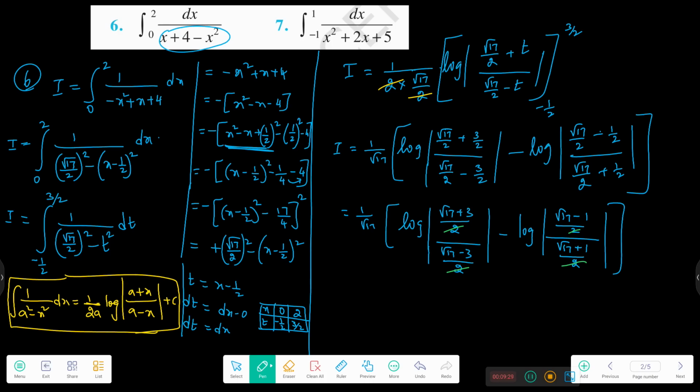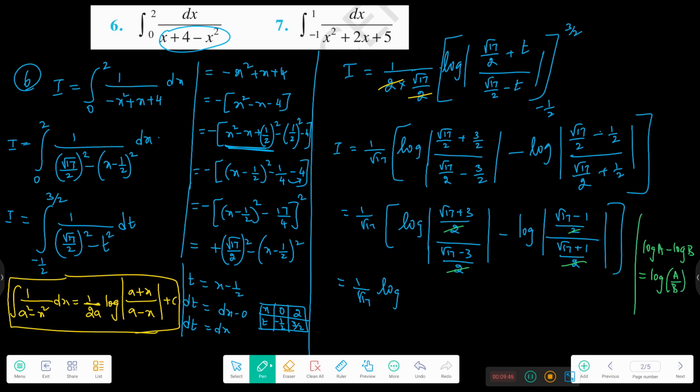Let's see. Now this looks like log a by b, am I right? The formula: log a minus log b is equal to log a divided by b. That formula I am going to use now.